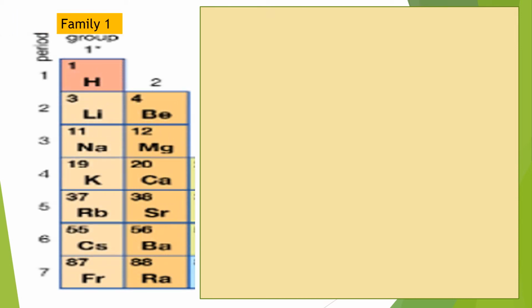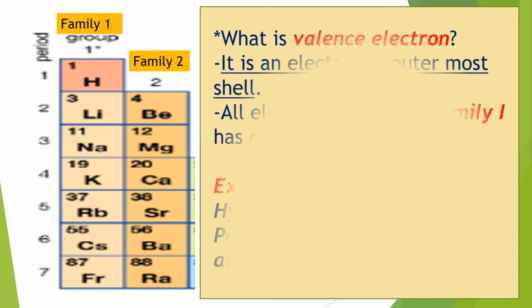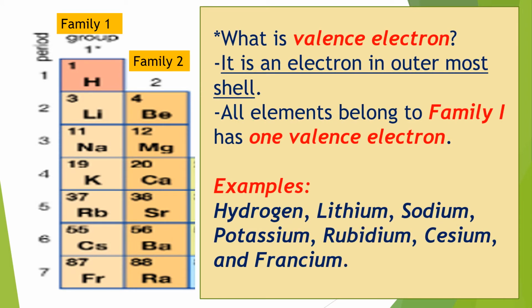Family 1. All elements that belong to family 1 have 1 valence electron. While family 2, all elements in family 2 have 2 valence electrons. What is a valence electron? It is an electron in the outermost shell.